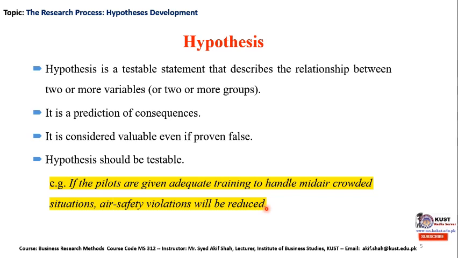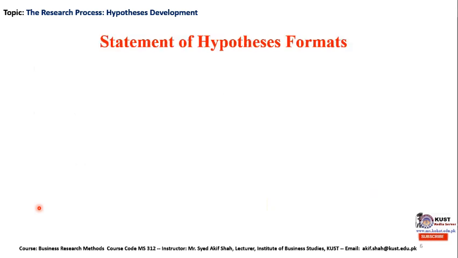This statement is testable because we can collect data on the adequate training, and then measure the number of air safety violations by the cockpit crew or pilots. If a statement is formulated in this fashion, where we can find the nexus between the dependent and independent variable and it can be measured, it is known as a hypothesized statement.